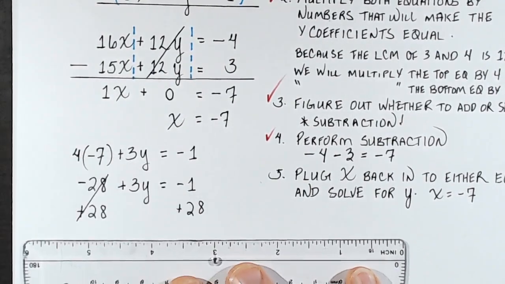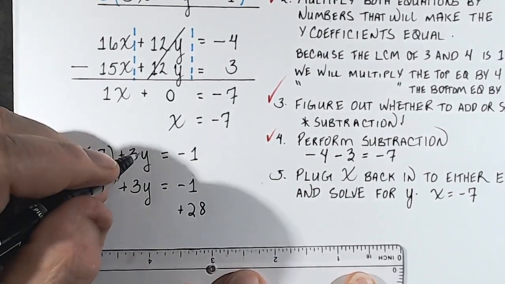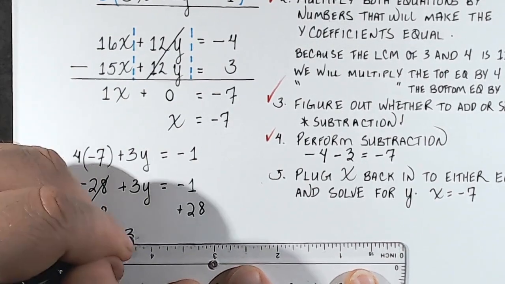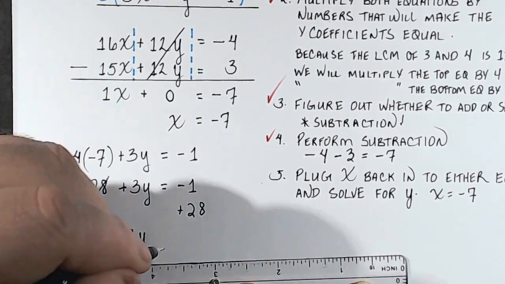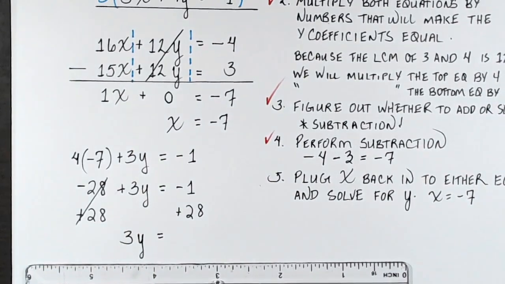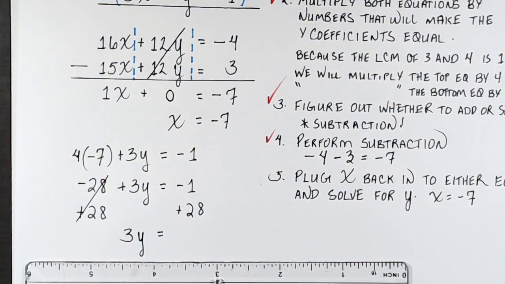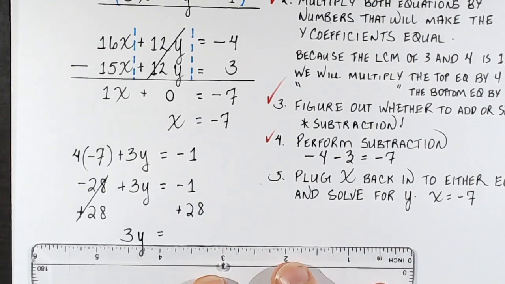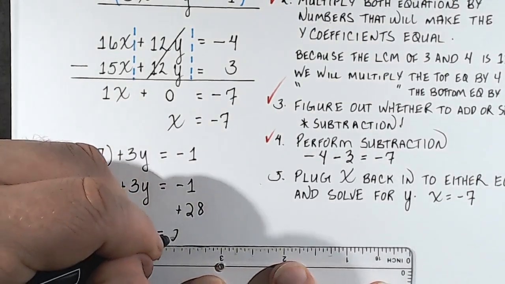On the left, it cancels out, and I have 3y equals, and now I've got negative 1 plus 28. So it's just like saying 28 minus 1. 28 minus 1 is 27.